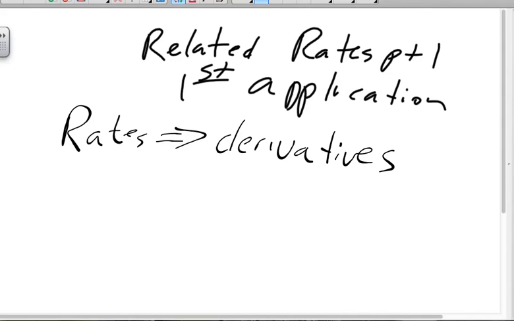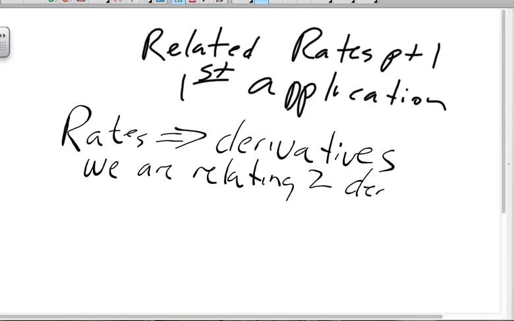Those derivatives are an instantaneous rate of change. So essentially all we're doing here is relating two derivatives. And you will be using implicit differentiation in this.